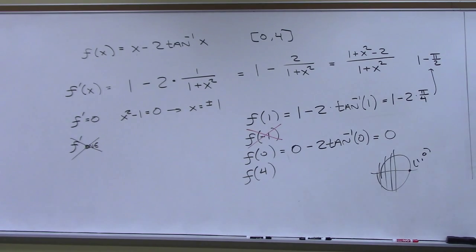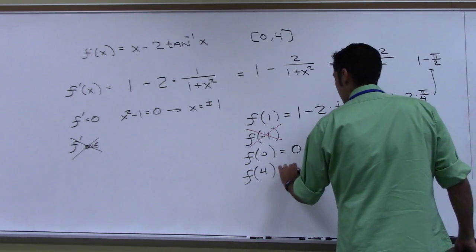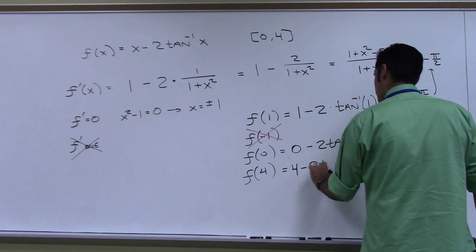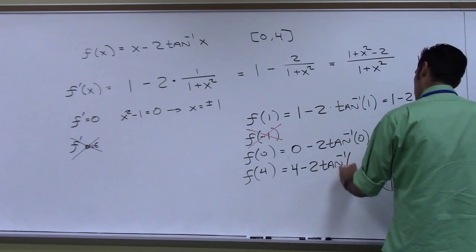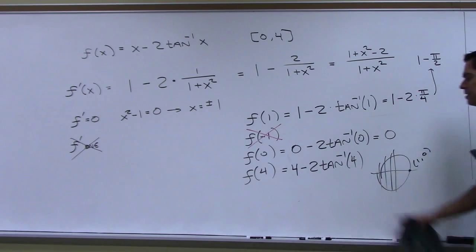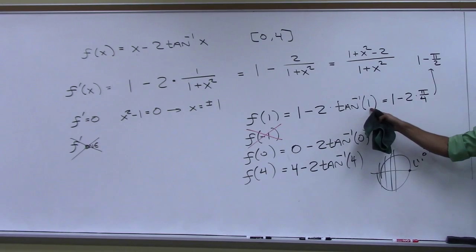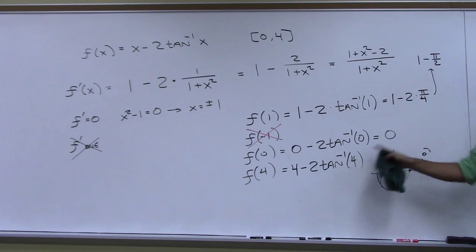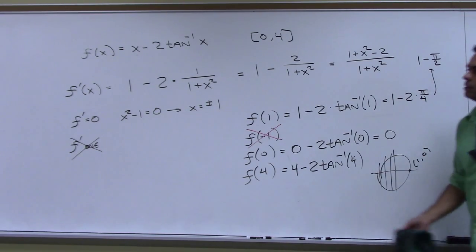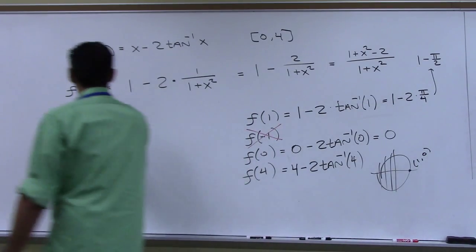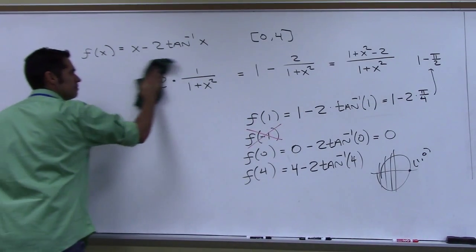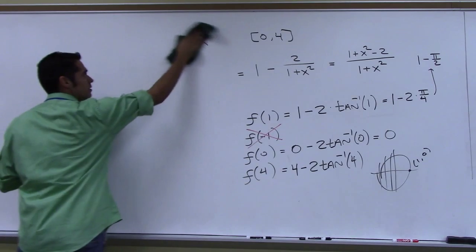What about 4? Yeah, 4 minus 2 arctangent of 4. That is not a common angle, is it? That's not one of the ones you should know. Like this one, everyone should be able to recover where this happens and where this happens. That one, not so much. I still think you'll need, at some point, a calculator.